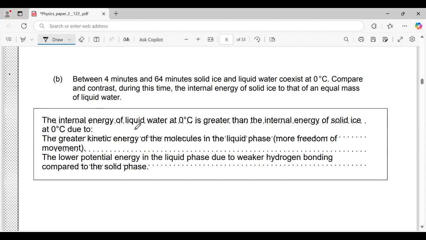The internal energy of liquid water at 0 degrees Celsius is greater than the internal energy of solid ice at 0 degrees Celsius due to the greater kinetic energy of the molecules in the liquid phase, more freedom of movement, and also the lower potential energy in the liquid phase due to weaker hydrogen bonding compared to the solid phase. This is my opinion. You may add with your own words or sentences.